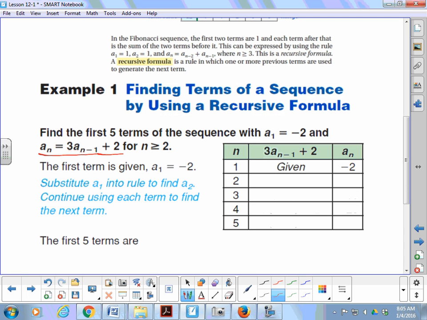Well, the a sub n minus 1 is the previous term, and a sub n is the new term I'm trying to get. So whenever you see a sub n minus 1 or a sub n minus 2, that means we're using previous terms to get the next term. And that's called a recursive formula for that reason.